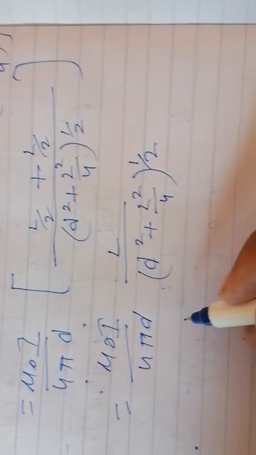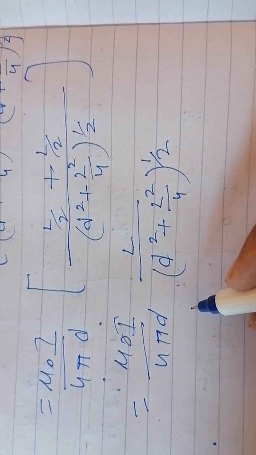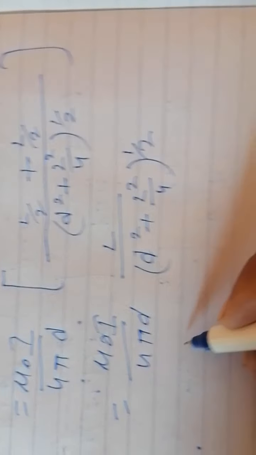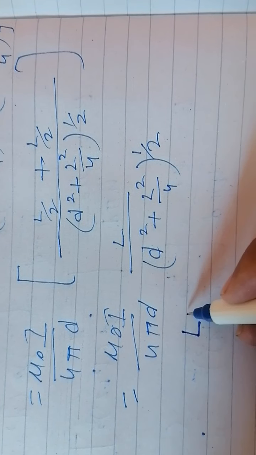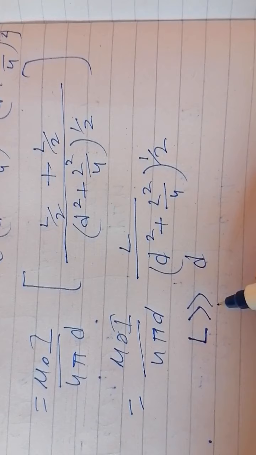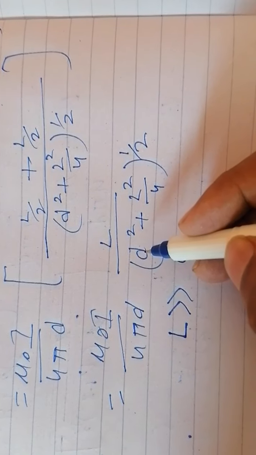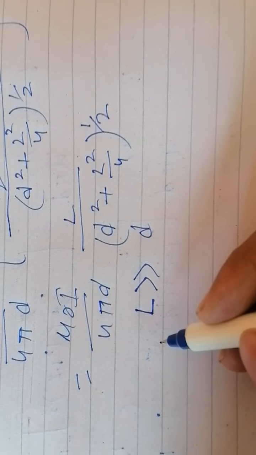And if L is very large, for example, if we say that L is very large compared to d, then this term becomes 0.